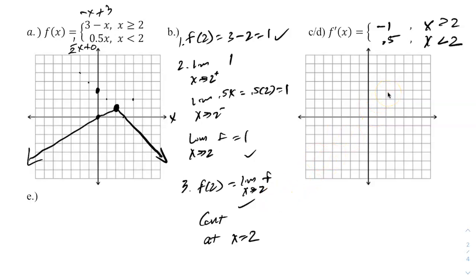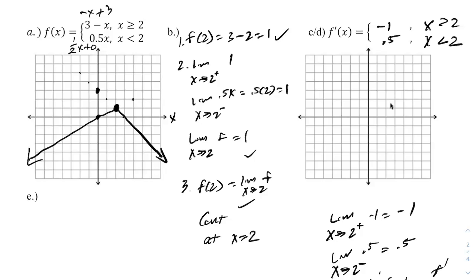So how do you tell? You do the limit of both sides. The limit as x approaches 2 from the left of f prime gets me 0.5, and the limit as x approaches 2 from the right of f prime gets me -1.